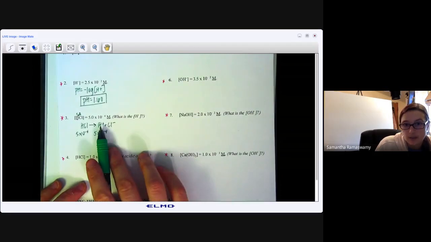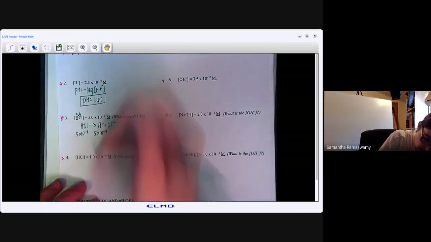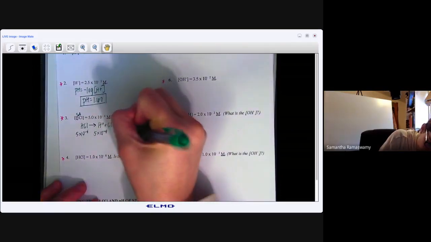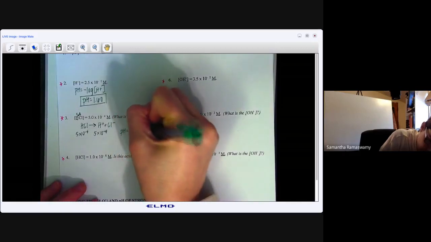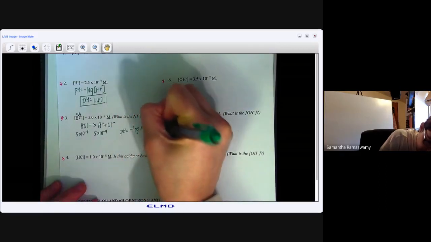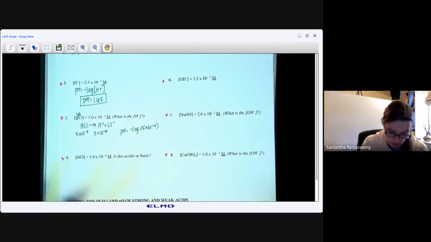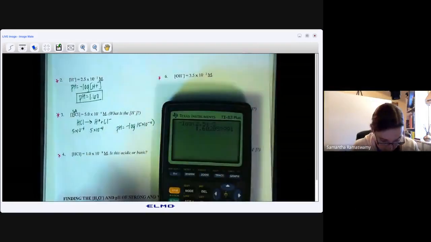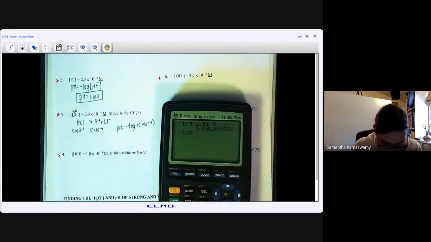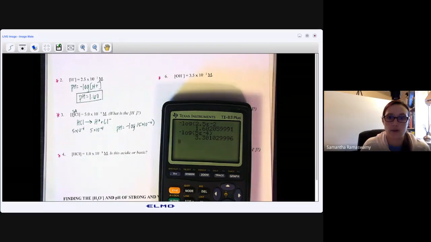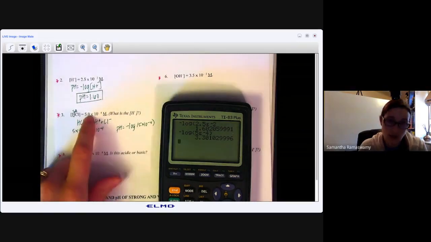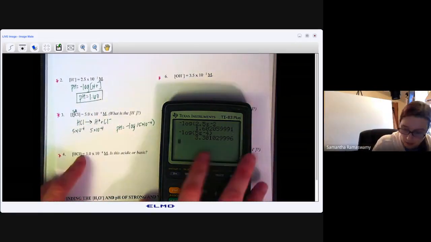Well, now we have H plus, so pH is just negative log of H plus, 5 times 10 to the negative 4th. So if in my calculator we do negative log 5 E negative 4, we get 3.30, because this was 2 significant figures. 3.30.